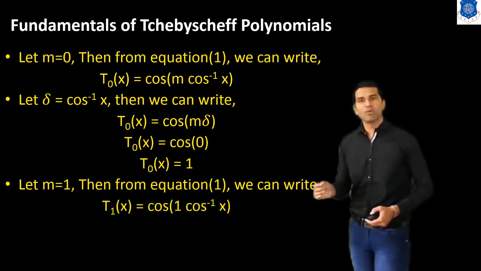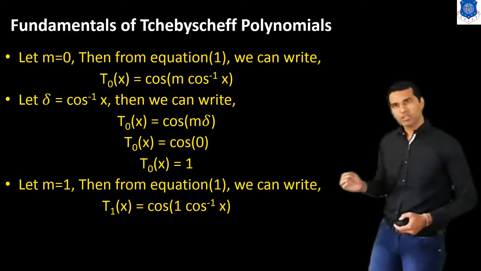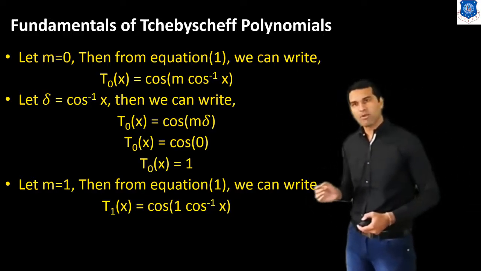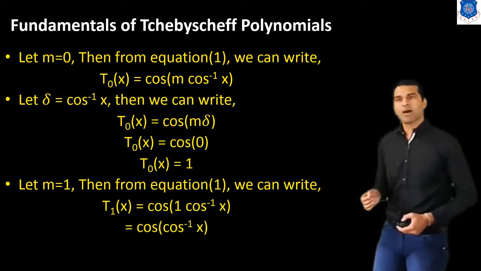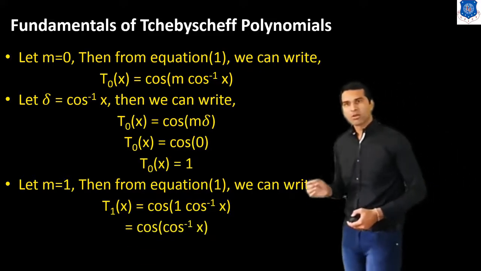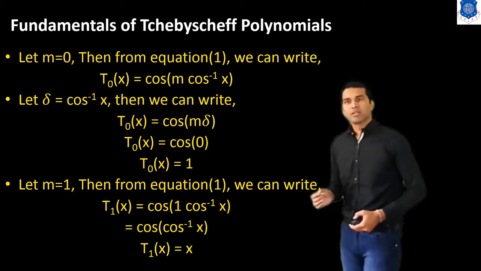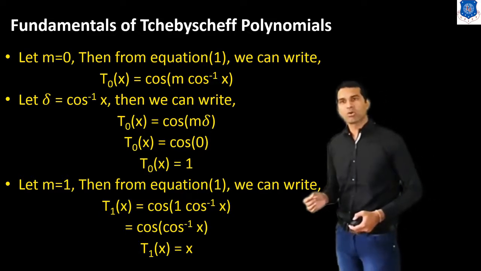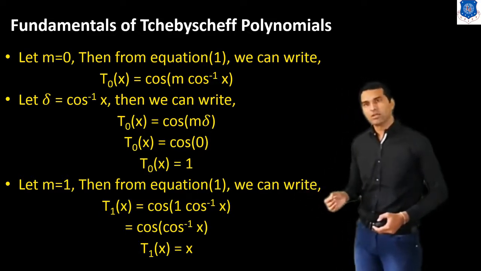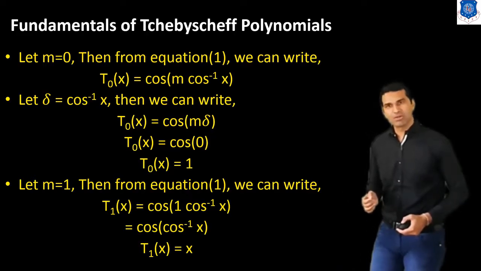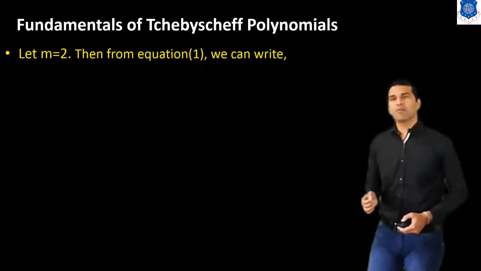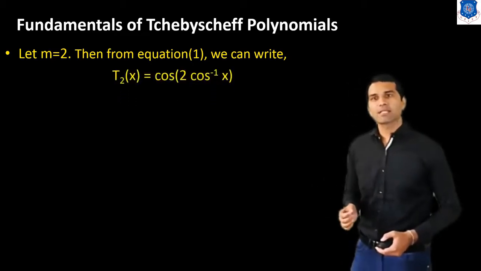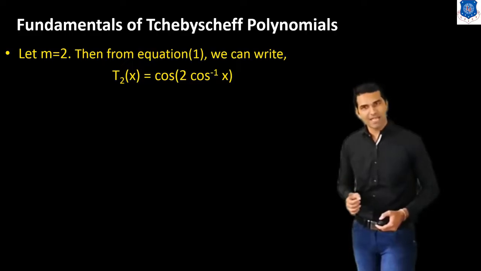Now we consider m equals 1. Putting the value in equation 1, we write T1(x) equals cos(cos inverse x). Here cos inverse x is nothing but delta, and cos and cos inverse cancel, so we get T1(x) equals x. Now we consider m equals 2. Then T2(x) equals cos(2 cos inverse x).